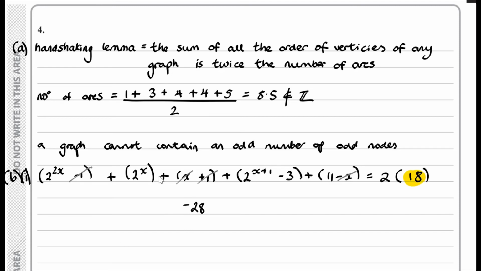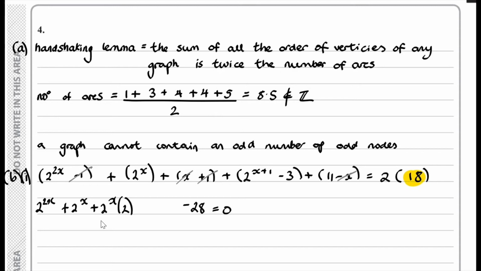And what else do we have? We have 2 to the power of 2x, and then we have 2 to the power of x. Let's just add that on, 2 to the power of x. And then here we have 2 to the power of x times 2. Okay, and then we have this minus 28, and this is equal to 0.